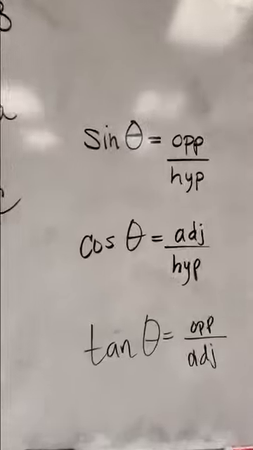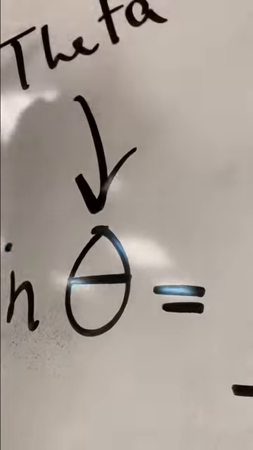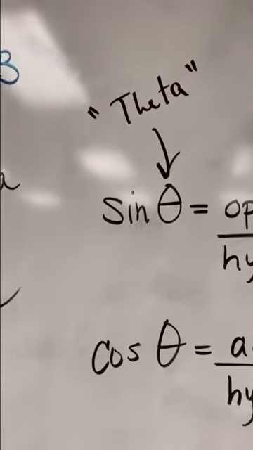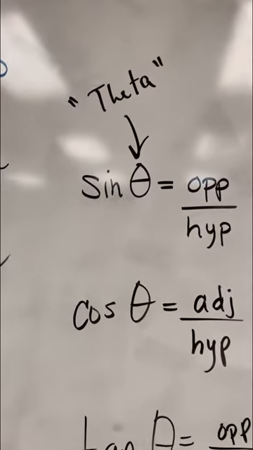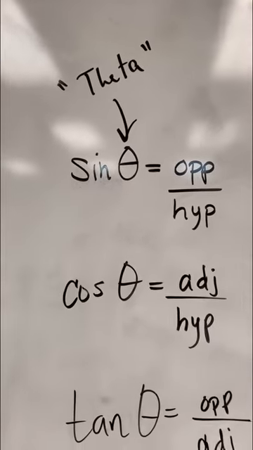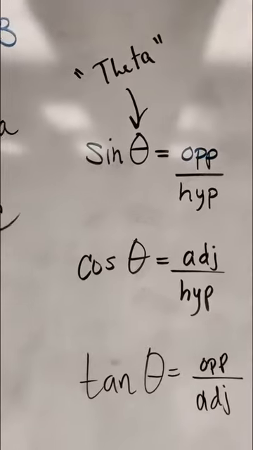All right, so the other thing I want to focus on is this symbol right here. That symbol means theta. Kind of like in algebra, instead of using a question mark, the most common variable is the letter X. The same thing applies when we start getting into trig ratios.